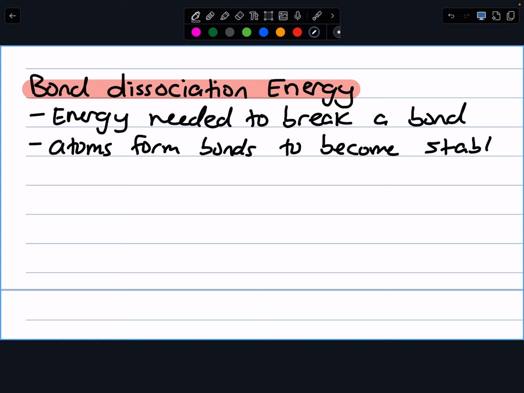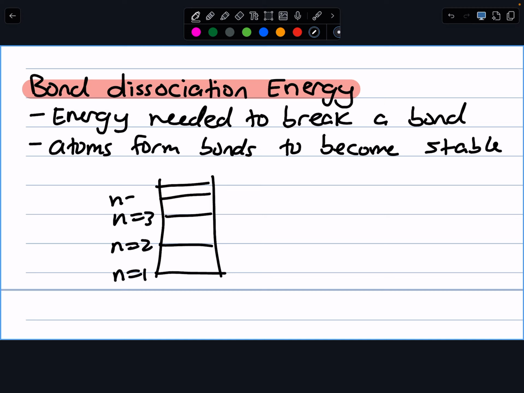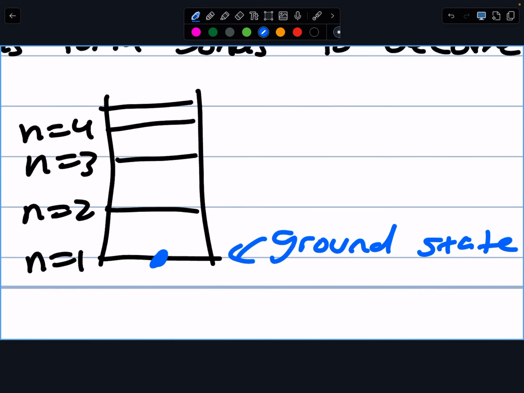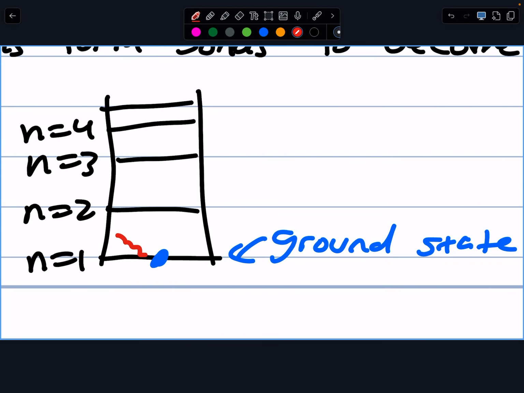Do you remember the staircase? Bohr's model staircase, n equals 1, n equals 2, n equals 3. When an electron's on the first energy level, its home energy level, we call that ground state. What if it absorbs some energy? It's exciting. Then it jumps up an energy level, right? And when it gets excited, it has a lot of energy.